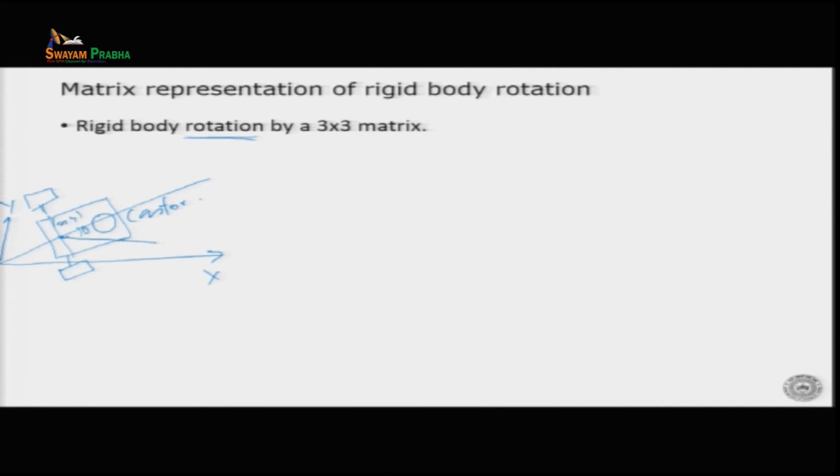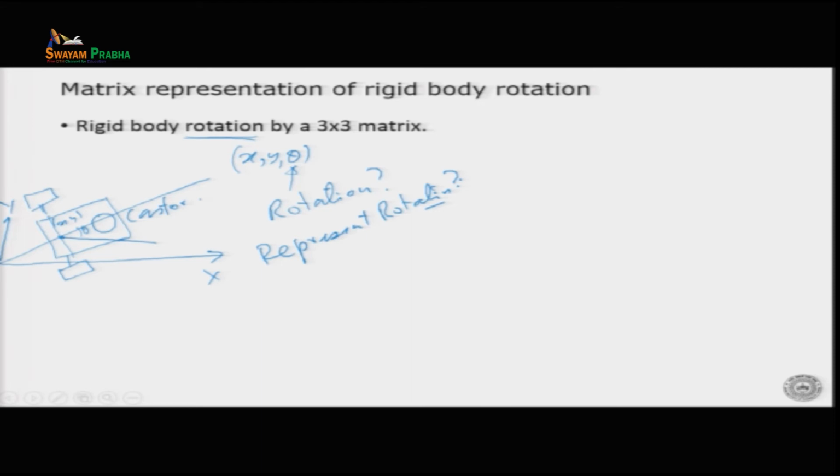If I look at the C space of this robot, it has 3 dimensions, which are x, y and theta. Now, this one is a rotation. So, the question comes: how am I going to represent rotations?